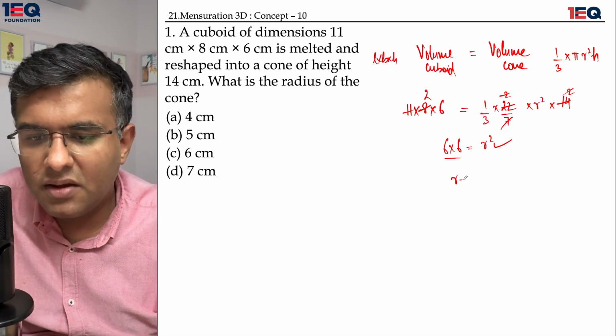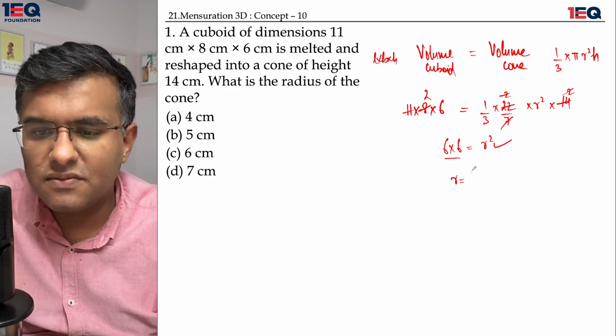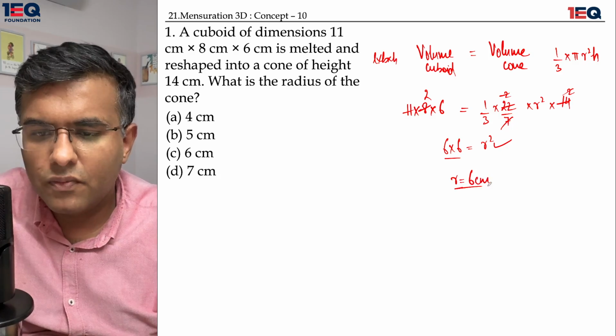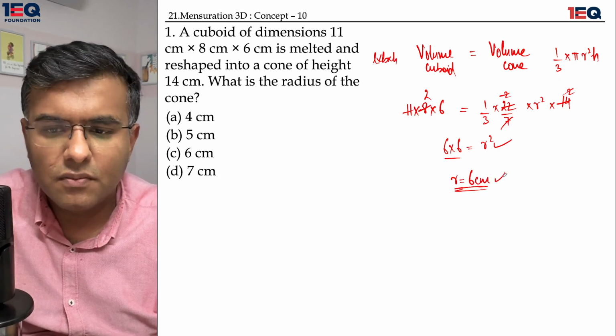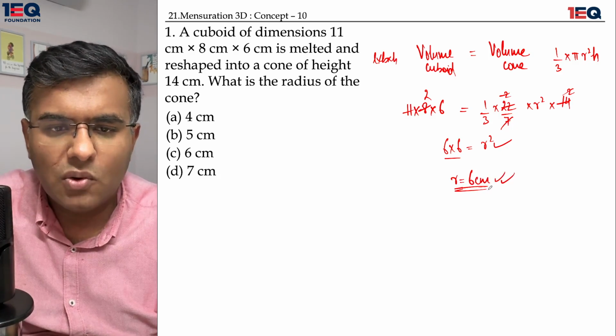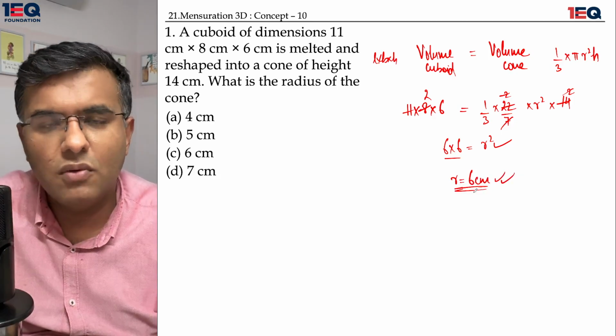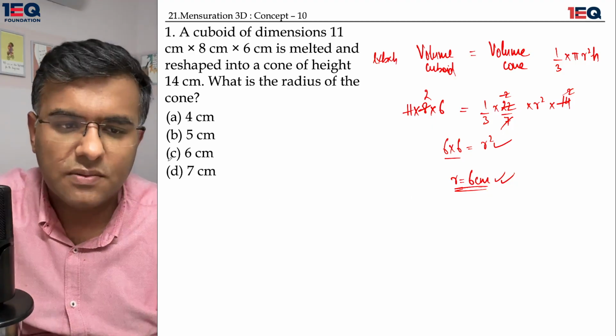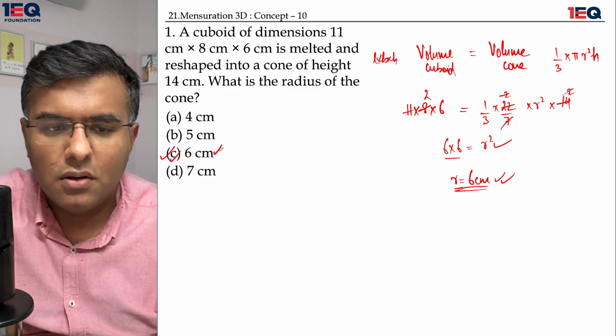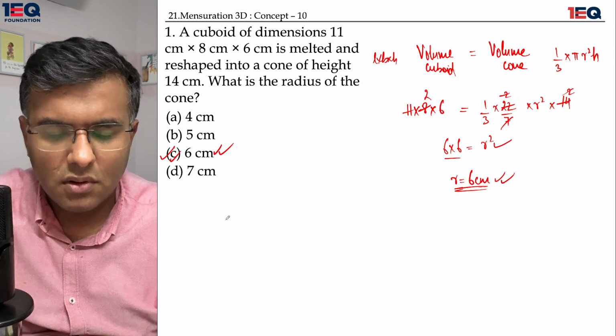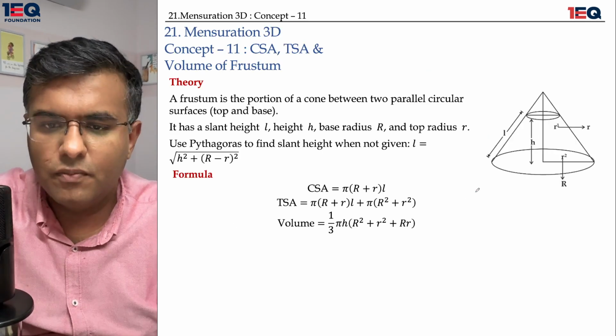So the value of my radius would come out as 6 centimeters. Okay, the radius of my cone would come out as 6 centimeters. Right? Good enough? All right, let's go ahead.